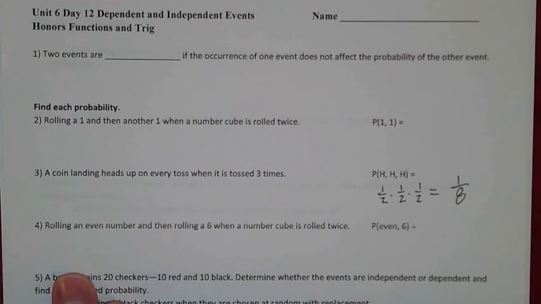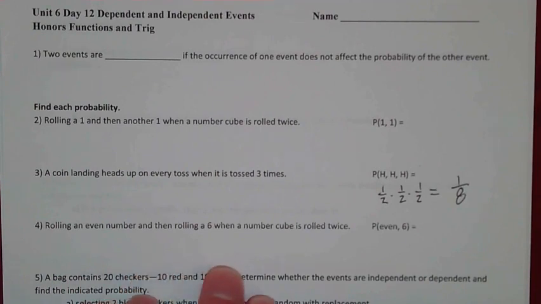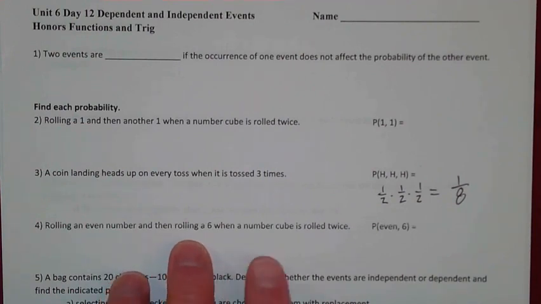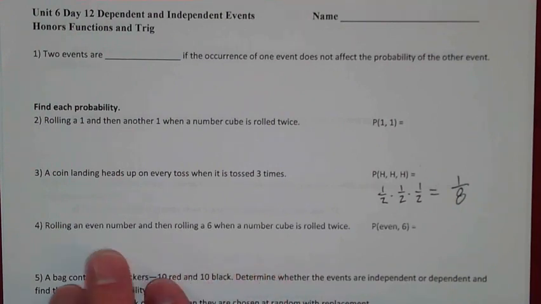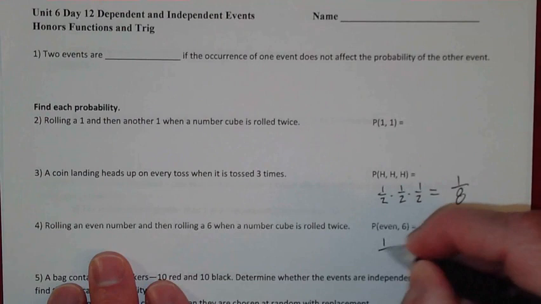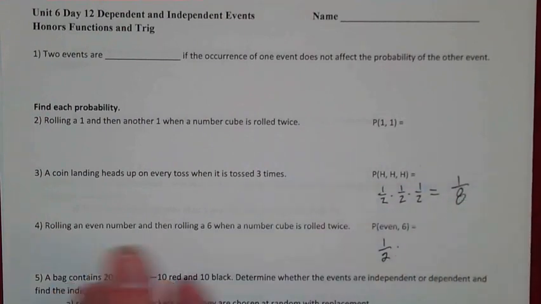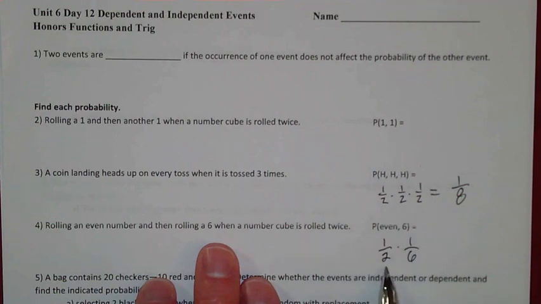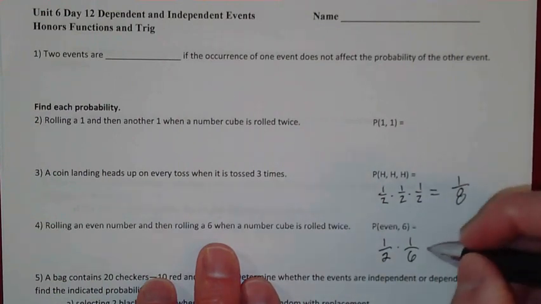But then number 4, rolling an even number and then rolling a 6. Well, I take it back. Those are independent also. I roll a die, a regular 6-sided die, I'm assuming. Yep, they're calling it a number cube, so it would have 6 sides. So rolling an even number, the probability of that is 1 out of 2, and then the probability of rolling a 6 is 1 out of 6. 3 of the 6 possibilities are even, and 1 of the 6 possibilities is a 6.